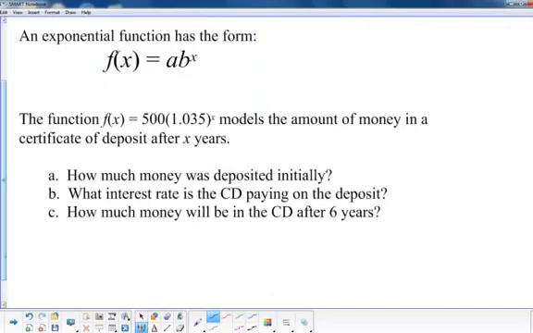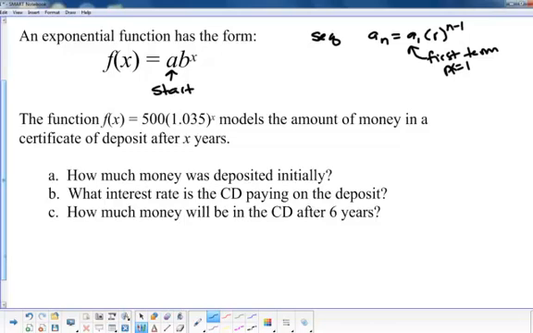To write an exponential equation, we have what we just had, which is a sequence, where you have a sub n equals a sub 1 times r to the n minus 1. This is the first term. So that's when x equals 1, or I should say n equals 1. A basic exponential equation is the same thing, except this is starting amount.